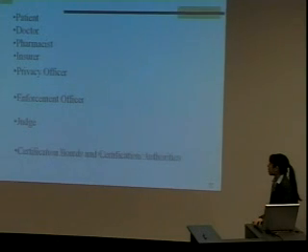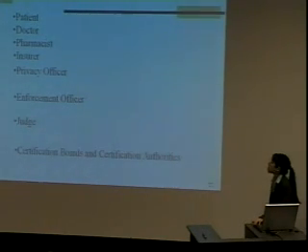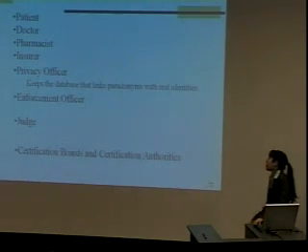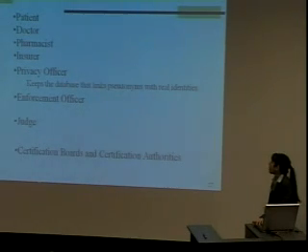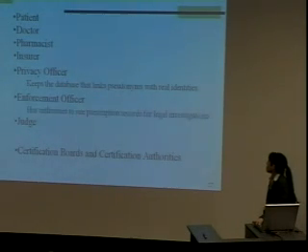So who are the players for the secure e-prescription system? As usual, we have patient, doctor, pharmacist, and insurer. But in addition to that, we have privacy officer, enforcement officer, judge, and certification boards and authorities. The privacy officer is the trusted third party that keeps the database that links the pseudonyms to the real identities. The enforcement officer has the authority to do the legal investigations.